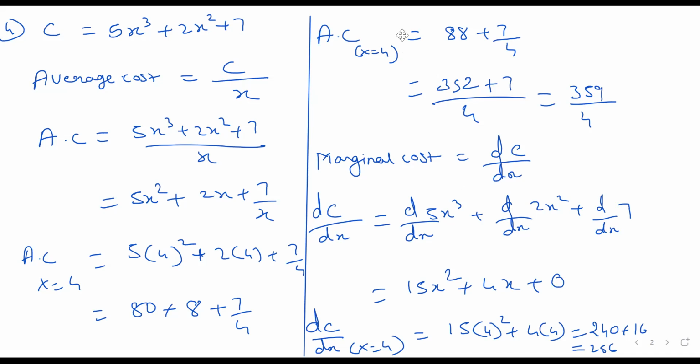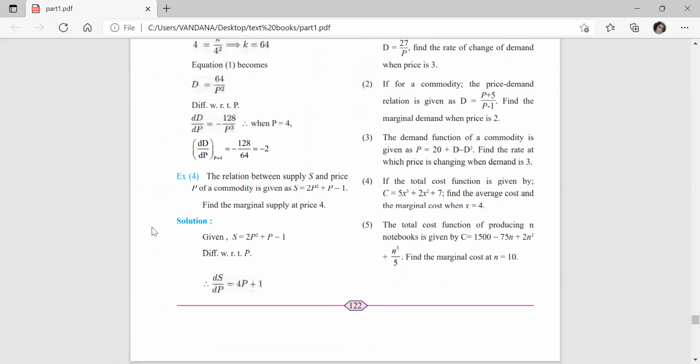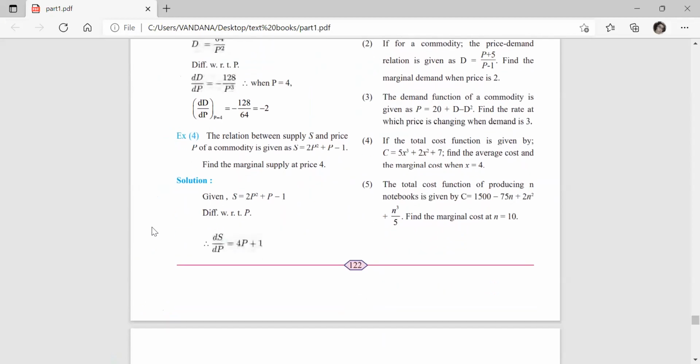Let us take the next sum. You can write all together then. Total cost function of producing n notebooks is given as C equals 1500, sorry, 1500 minus 75n plus 2n square plus n cube by 5. Find the marginal cost at n equals 10.